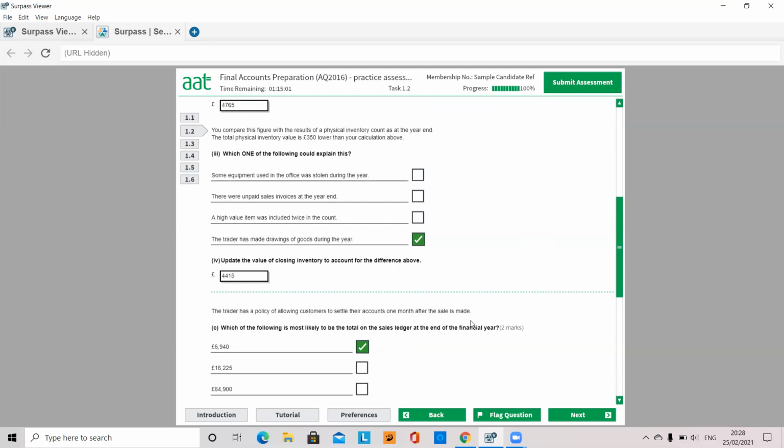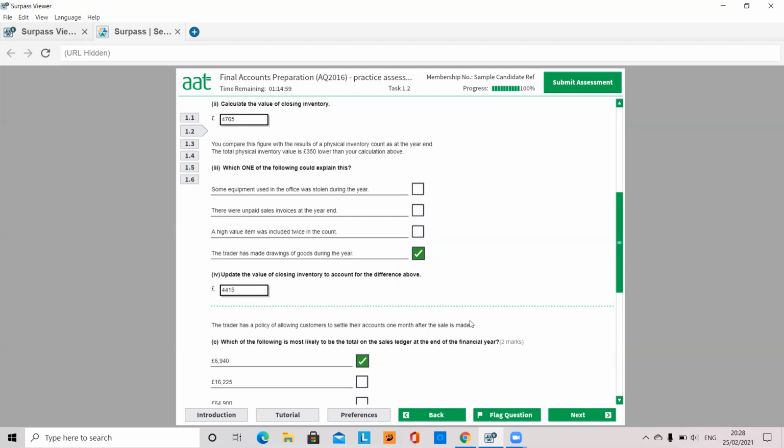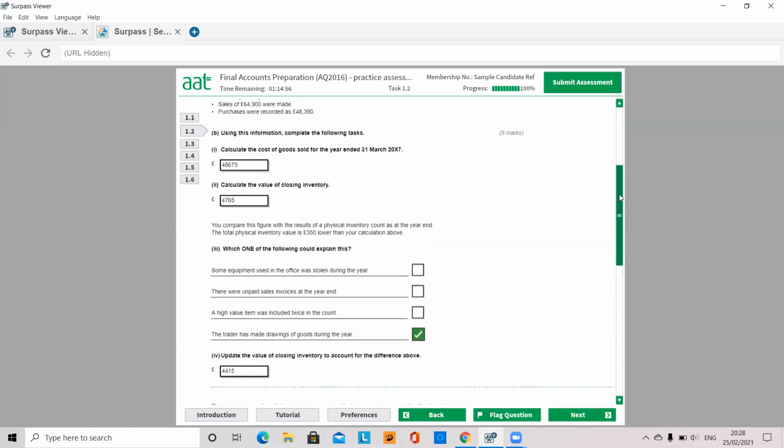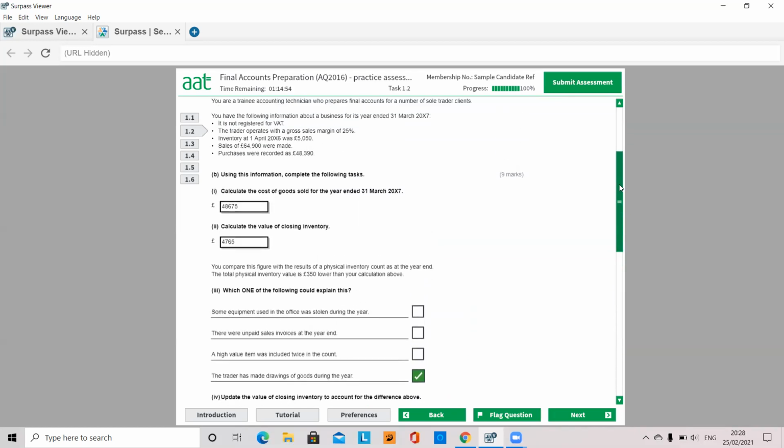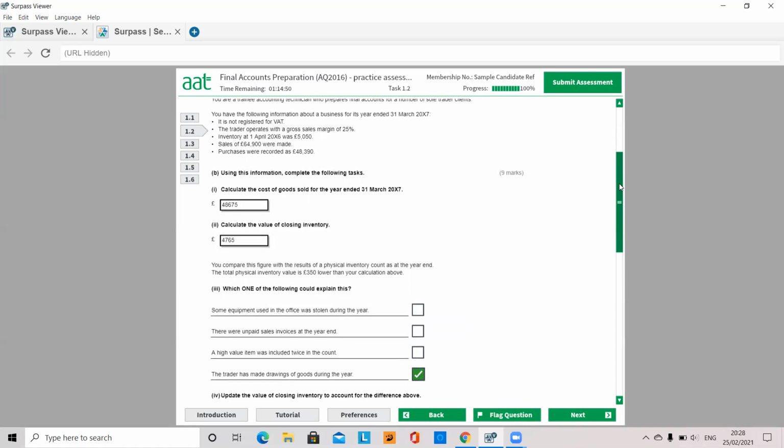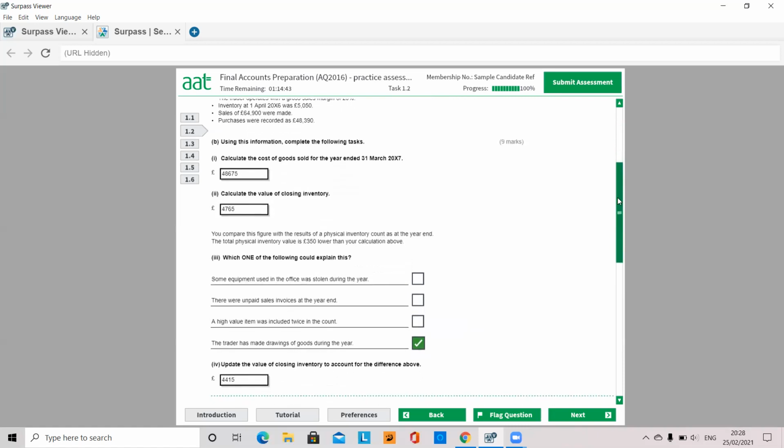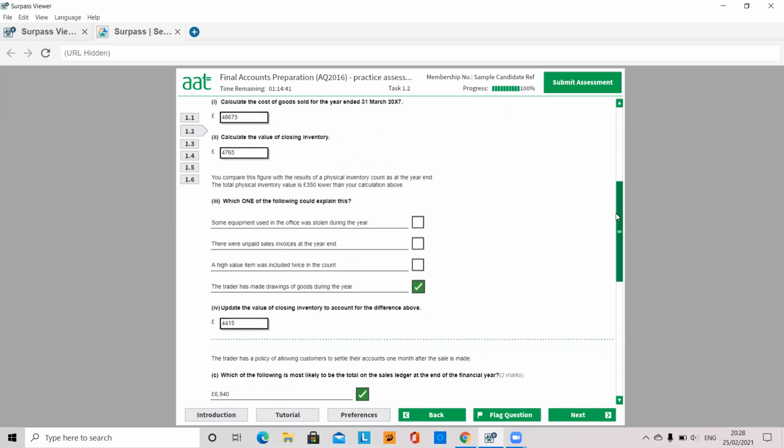So what we did is we looked at what the actual sales figure was overall, which if I remember right was 64,900. So over the year it's 64,900. And if you divide that by 11, which is what we did, I think that gave me 5,900.